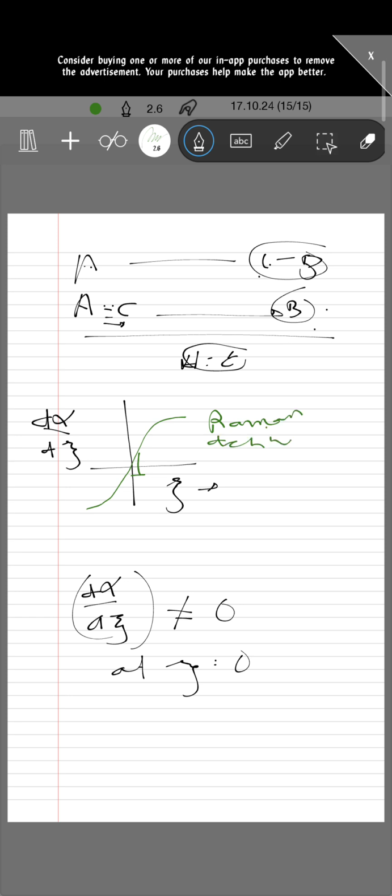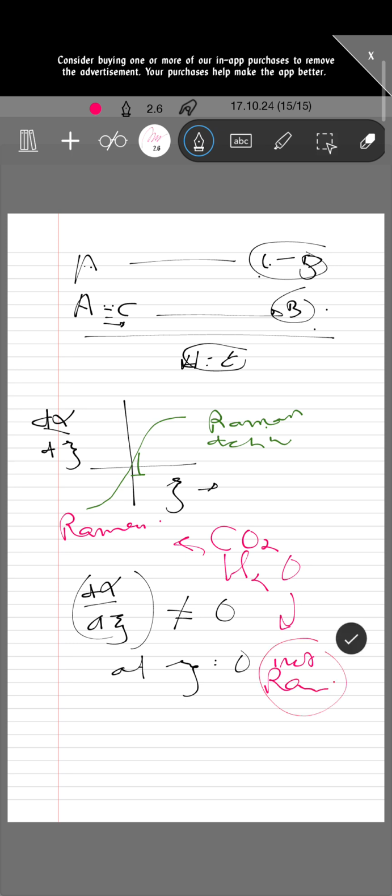This is the reason why, if you compare two molecules, CO2 and H2O, CO2 is Raman active. However, H2O is not Raman active, because in every stretching and bending mode of H2O, you will get a symmetric pattern. That means a positive and negative movement is complementary to each other.